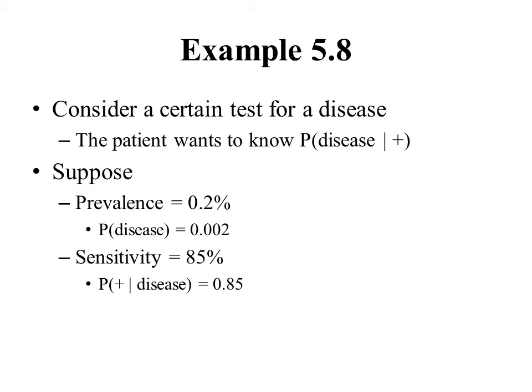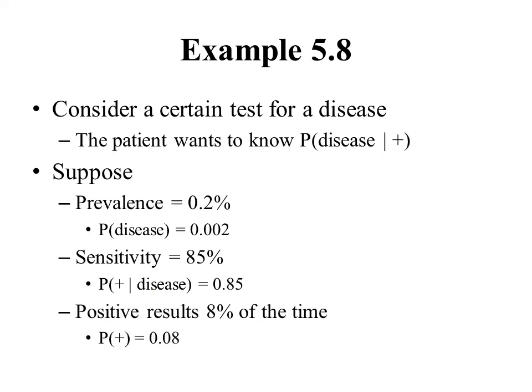Remember, sensitivity is the conditional probability of testing positive given that you have the disease. So that probability is 0.85. Let's also suppose that this test gives positive results 8% of the time. So if we randomly select a person, the probability that they test positive is 0.08.